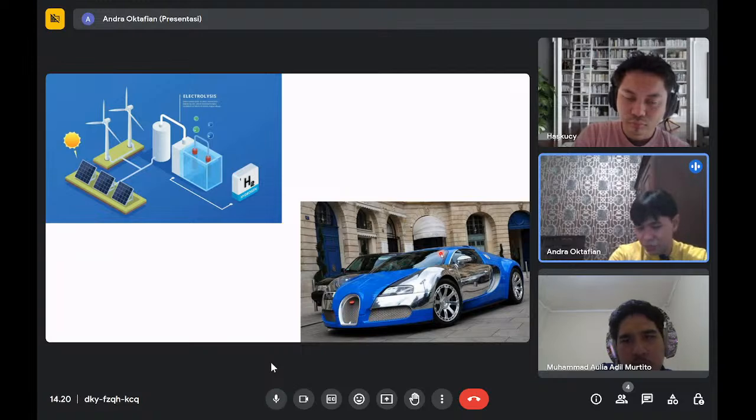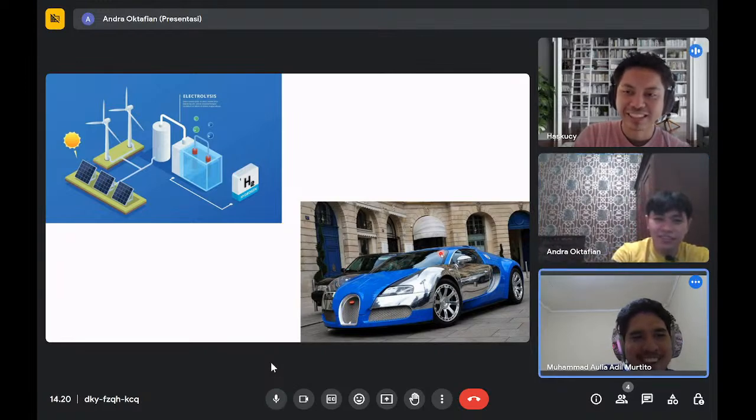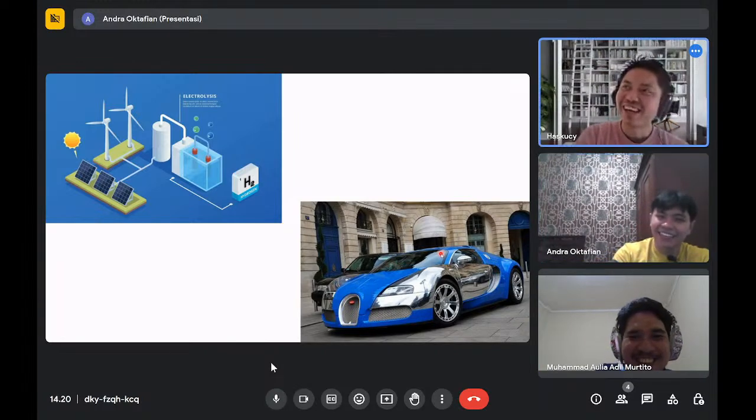So we need to produce stainless steel to avoid this kind of rust, because when the steel is rusted, it can contaminate our cuisines or foods. Hence, you will be intoxicated by it. Tetanus.